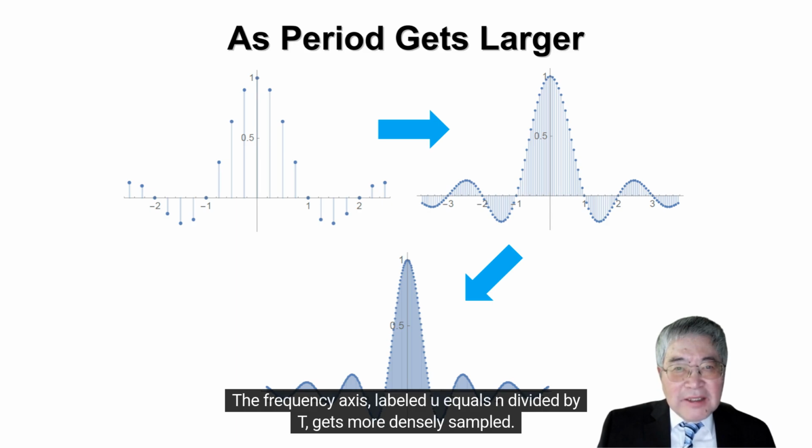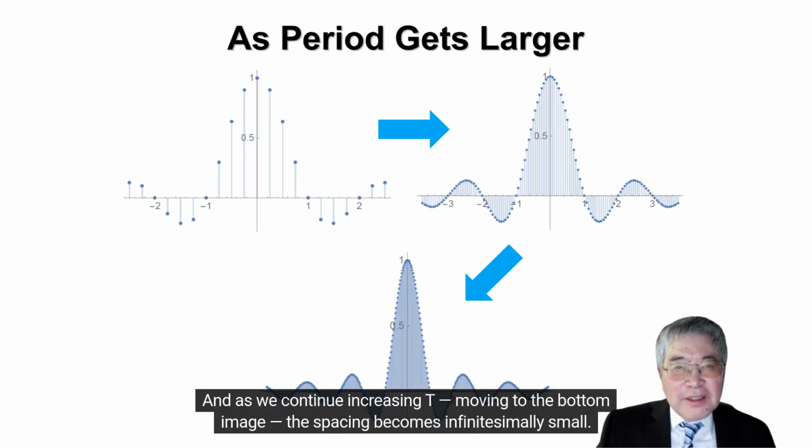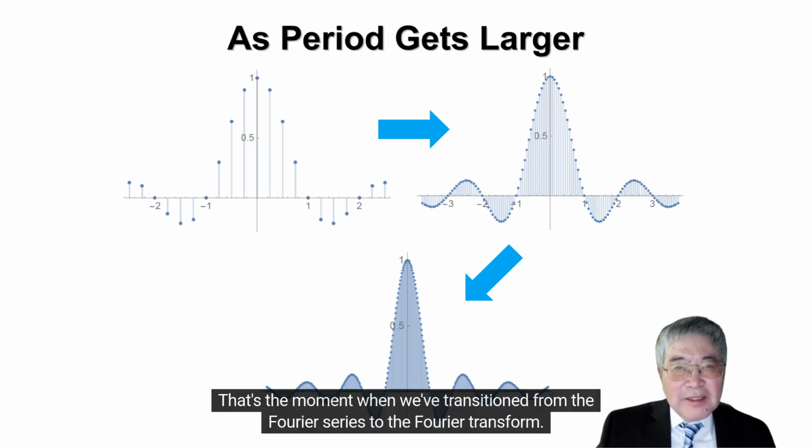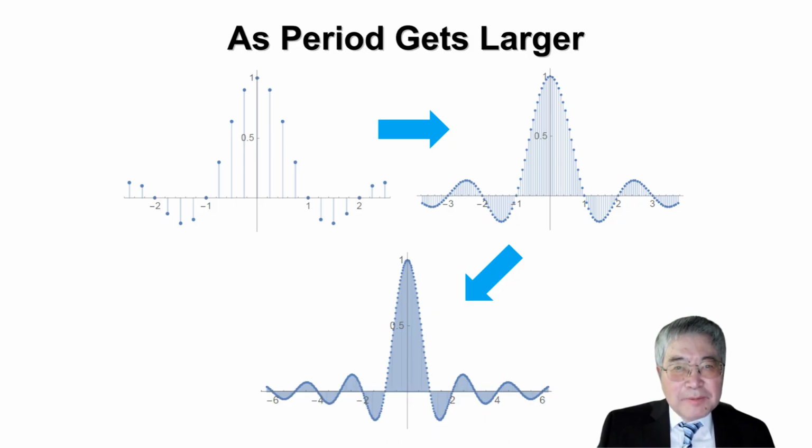The frequency axis labeled u equals n divided by T gets more densely sampled. And as we continue increasing T, moving to the bottom image, the spacing becomes infinitesimally small. At this point, we're no longer looking at a discrete spectrum. We now have a continuous curve. That's the moment when we've transitioned from the Fourier series to the Fourier transform.